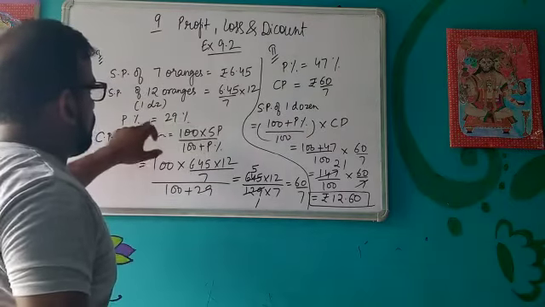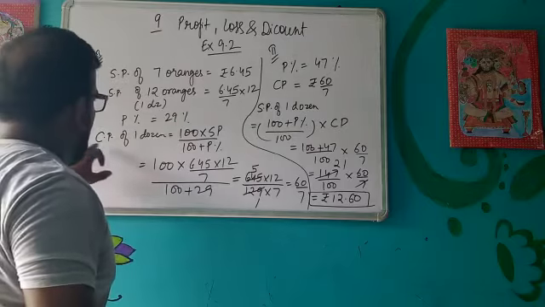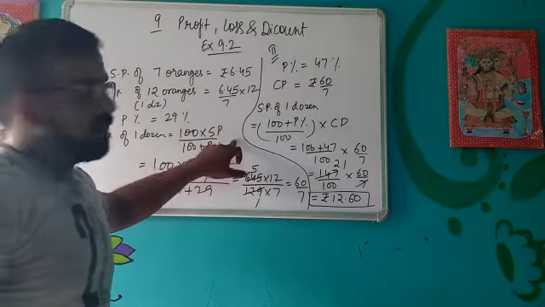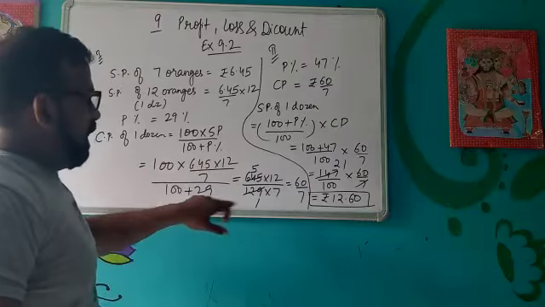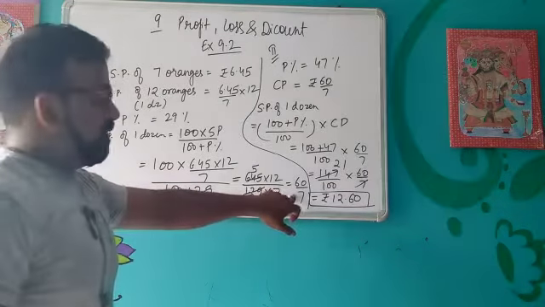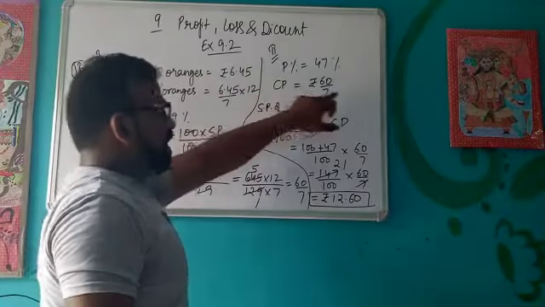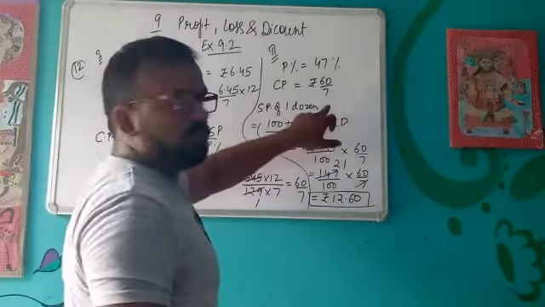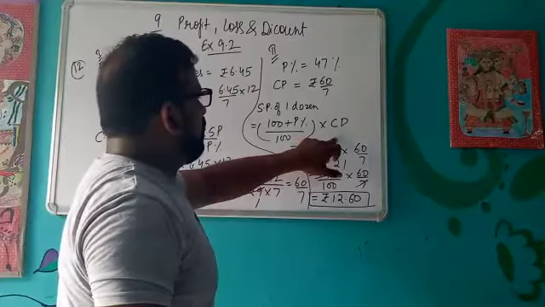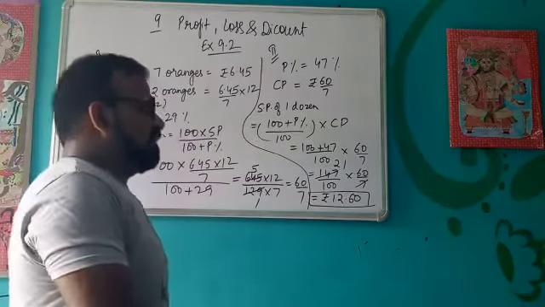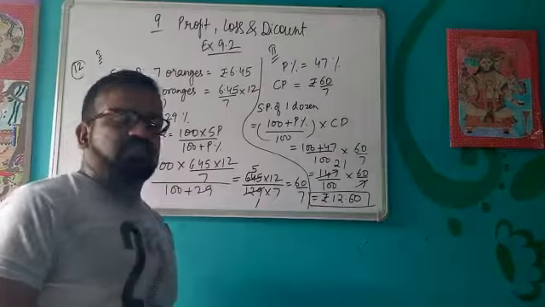Then profit percent was there. So I have calculated the cost price of 1 dozen by using the formula. When I use the formula, I get the quantity 60 upon 7. Now I use this cost price in the second part to calculate the selling price of 1 dozen. Again, I have used the formula, and after simplification I got the answer as rupees 12 rupees 60 paisa.